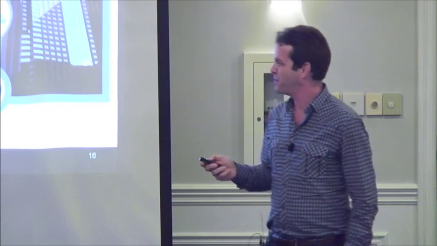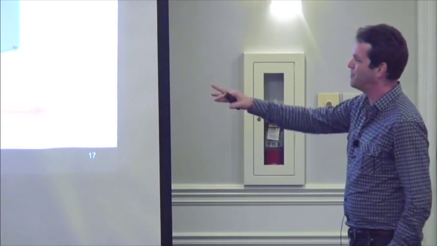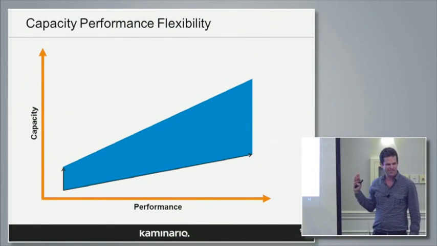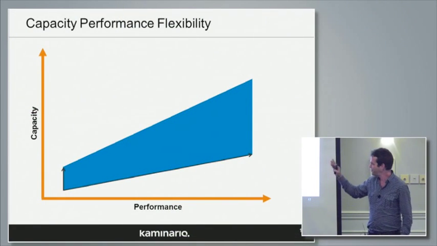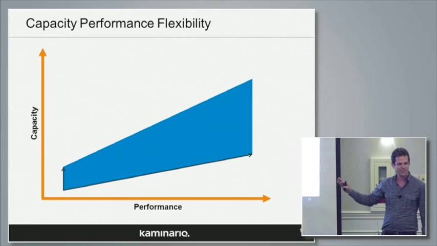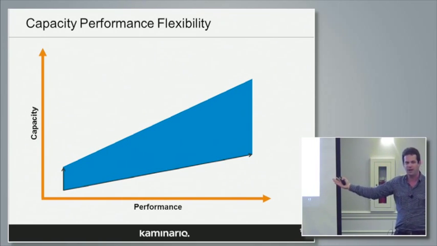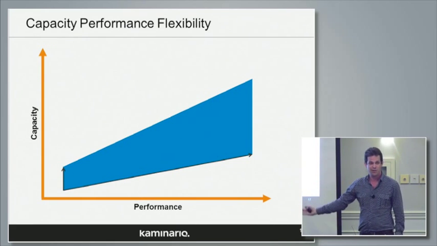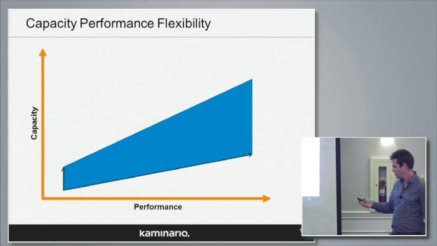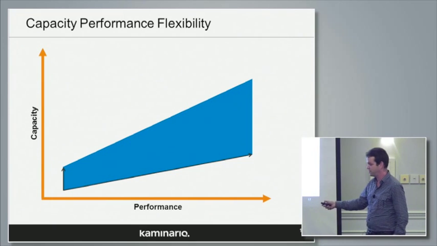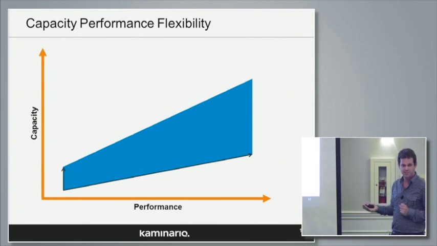And what do I mean by lower overhead? Let's look at a capacity performance graph. These are the main requirements for any customer: I need 100 terabytes, and these are my performance requirements. If we look at the left side of the graph, it is a typical scale-up system.